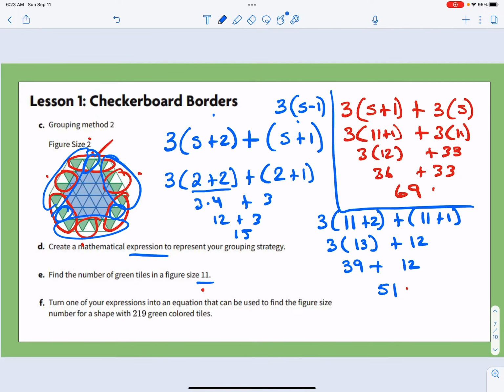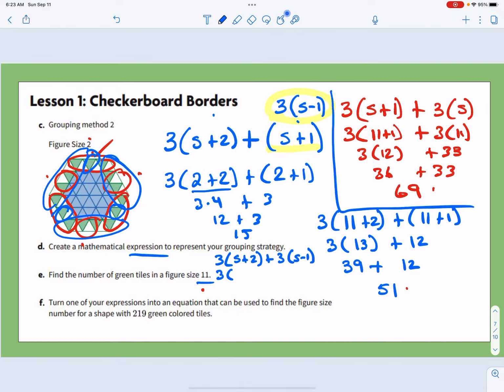Does that change things up a little bit if we were to switch this part out for this part right here? Well, let's take a look. Let's go over here and let's plug that in. Let's do this expression. 3 times s plus 2 plus 3 times s minus 1. Okay, we said we're looking at 11.